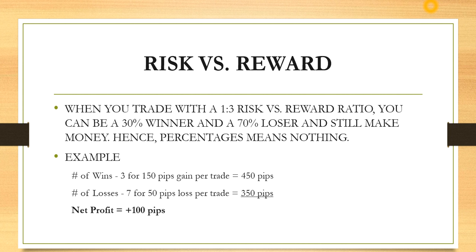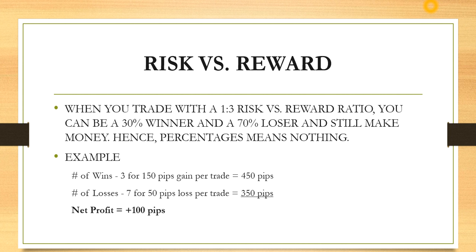Example, you take 10 trades, and you win 3 out of the 10. But the 3 times that you win out of the 10, you're winning 150 pips each time.